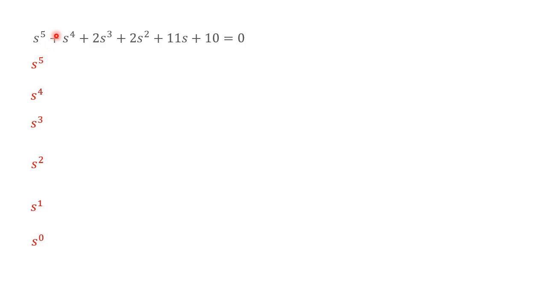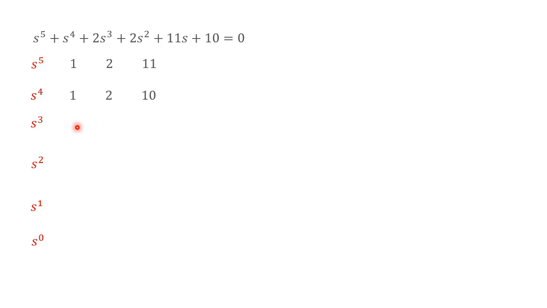Now let's write down the coefficients: 1, then 2, then 11, then 0. We are not considering 0 here. Then s to the power 4 is 1, then 2, then 10.